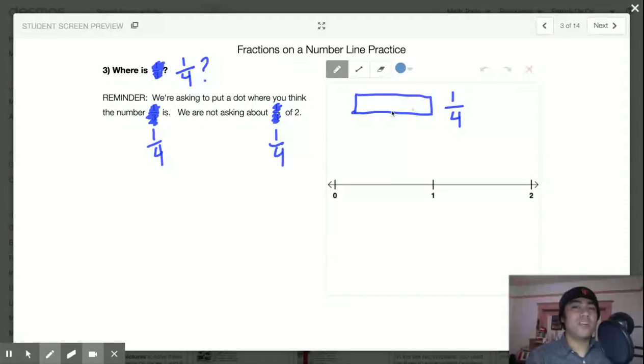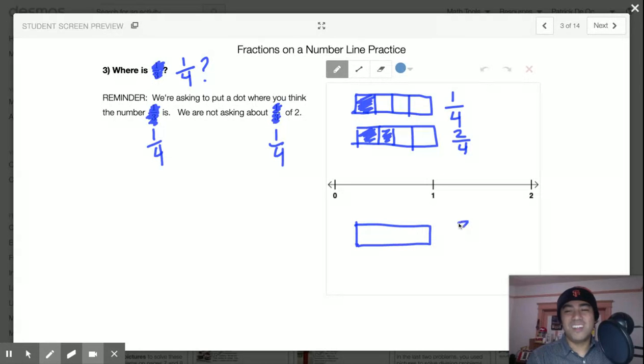First of all, here's my 1 whole, and I'm cutting it to show 1/4. Here is my 1 whole, and I'm cutting it, shading things in to show you 2/4. Here's my 1 whole, cutting it to show you, and shading it to show 3/4.